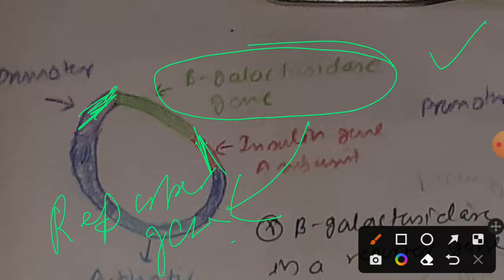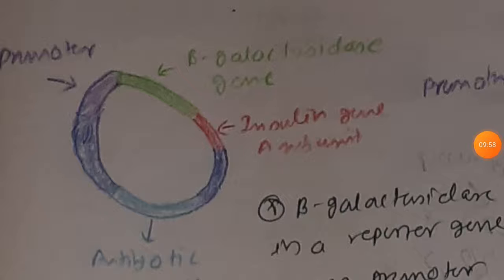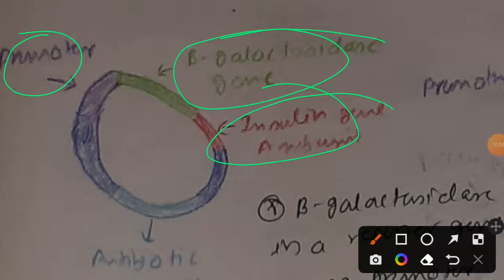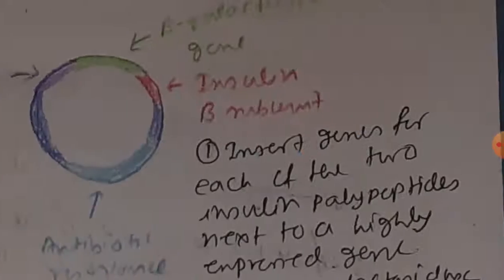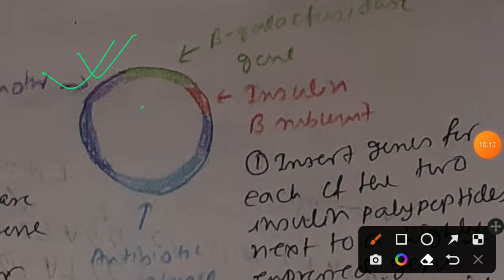A reporter gene will help you ensure that yes, your promoter is working well. That is the utility of inserting the beta galactosidase gene, just beside the insulin A subunit and the promoter. Similarly, it will be so in our second expression vector system, where we have incorporated the insulin B subunit.